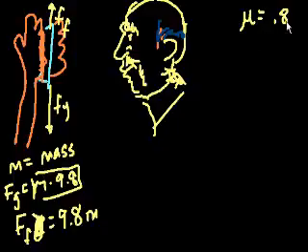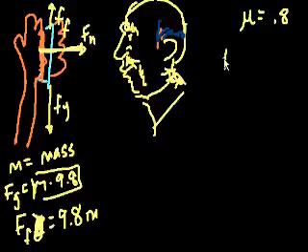So if the coefficient of friction is 0.8, what is the force that I have to apply? In this case, the force I have to apply is going to be the normal force, normal to the bottom of the pie. My hand is now like the surface of the ramp. So this is the normal force.